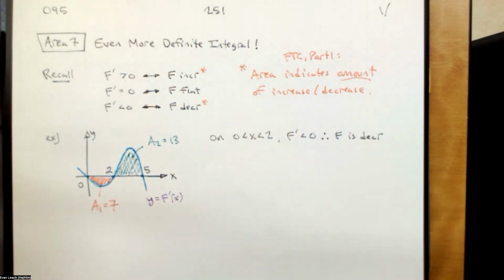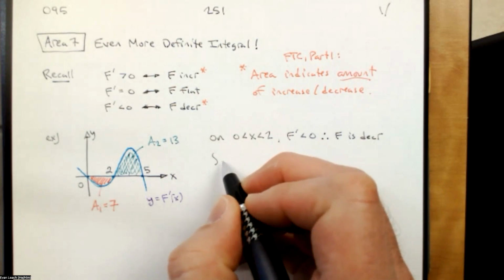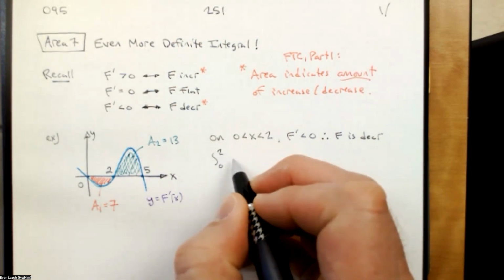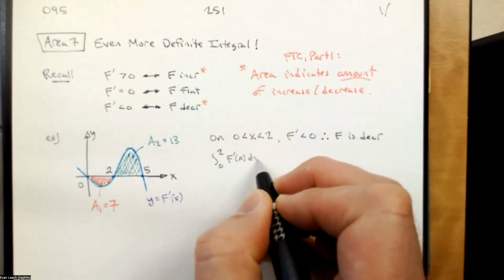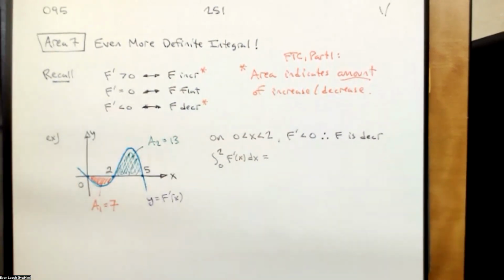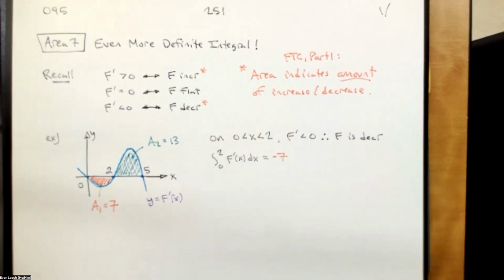If we wrote the definite integral from 0 to 2 of capital F prime of x dx, we would get -7. The definite integral gives you the amount of change. In this case, since we're decreasing, the change will be -7.